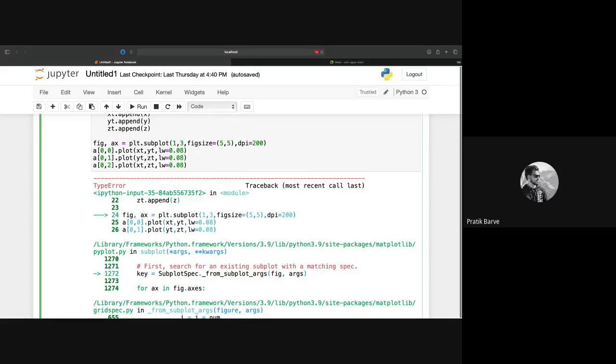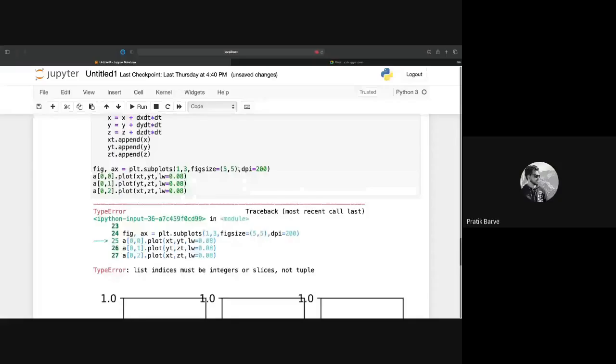Let me just think. Pratik, what's the issue? It's showing it should take 1 or 3 positional arguments, but 2 were given. Oh, are you plotting subplots column wise? In row. So do it 3, 1. That will be 3 rows and 1 column.